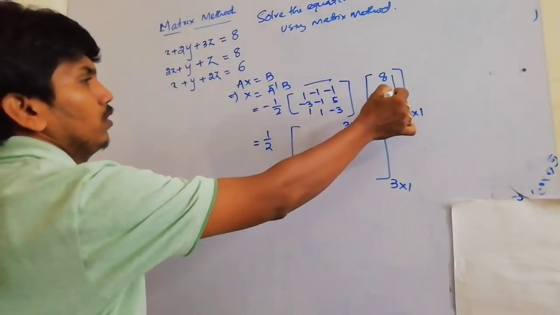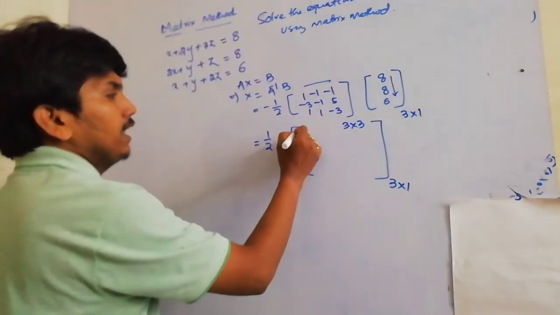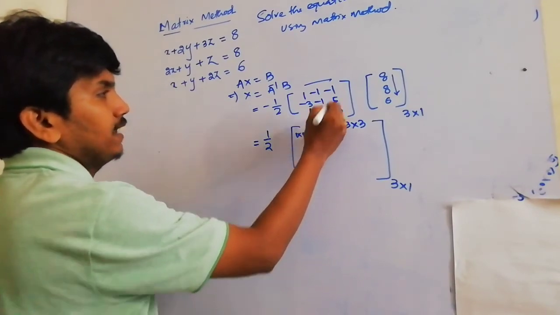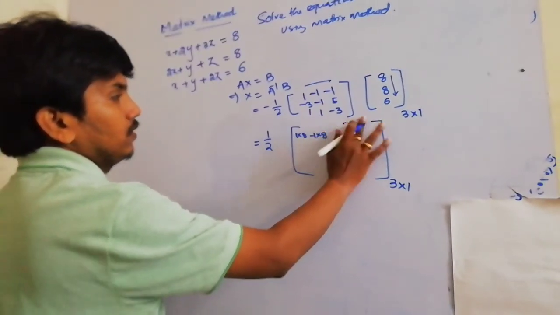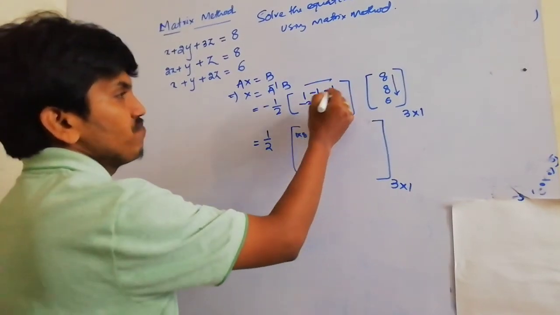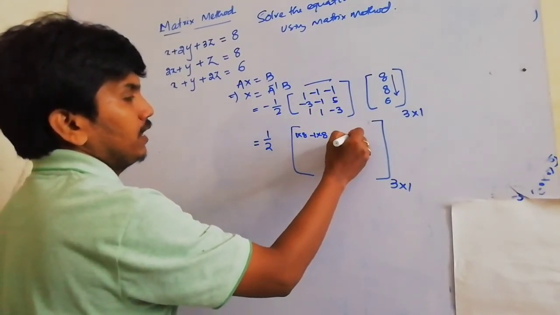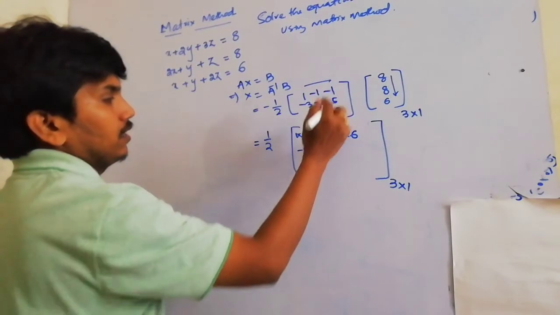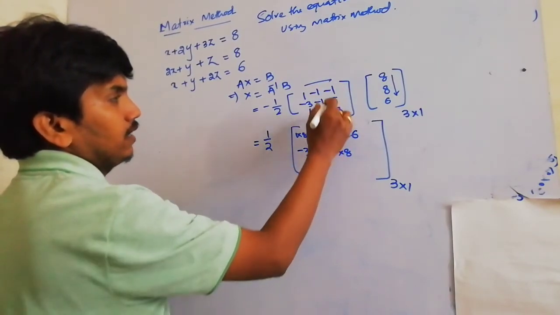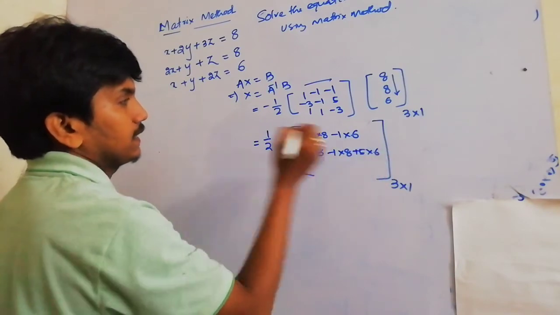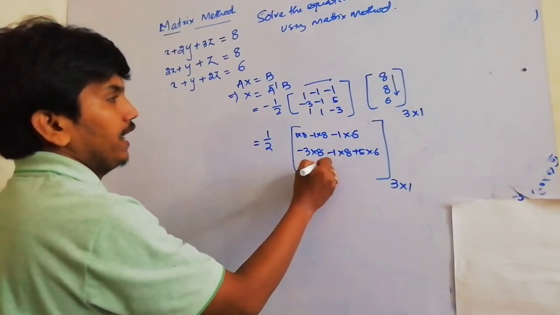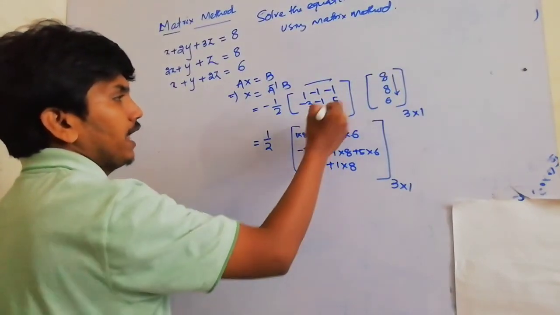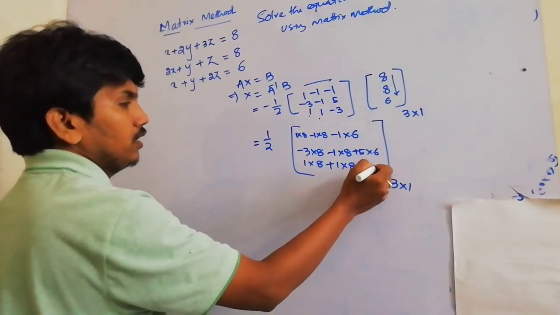How can you multiply? Row into column. So 1 into 8, minus 1 into 8, then minus 1 into 6; minus 3 into 8, minus 1 into 8, then plus 5 into 6, like that; 1 into 8 plus 1 into 8, and minus 3 for 6.